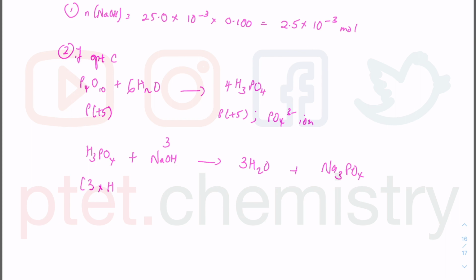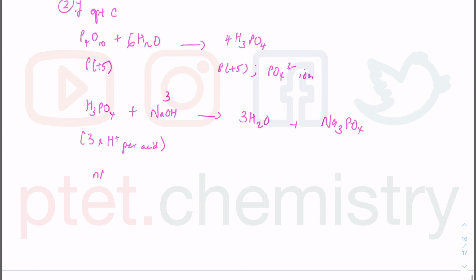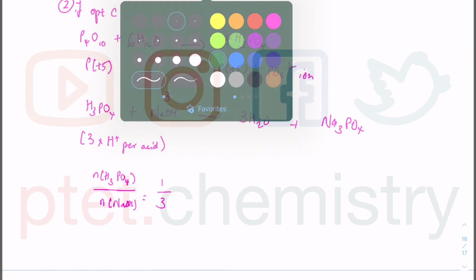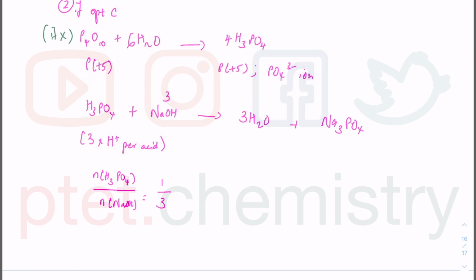So in terms of my calculation, 1 mole of H3PO4 will react with 3 mole of NaOH. If this is X, then this gives this reaction. What can we say here?